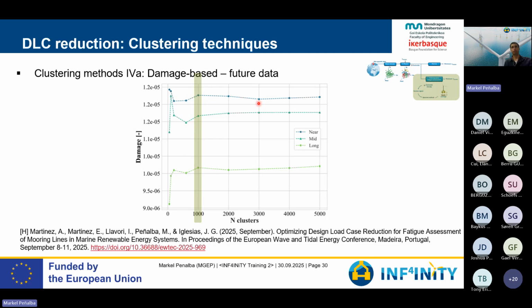But one more conclusion we can extract from this figure is that the longer horizons, where the resource is supposed to vary the most, the damage itself reduces. And that's because, as I said earlier, the average resource, the average wind, average wave, is expected to reduce under climate change, while the extremes are expected to increase.